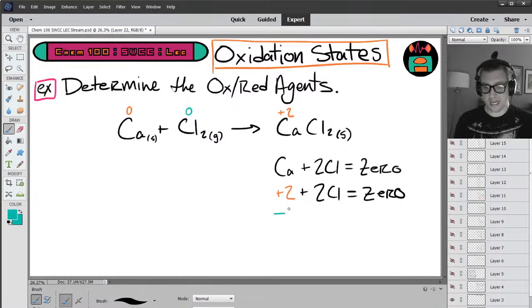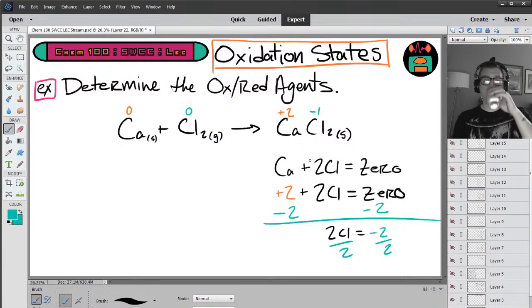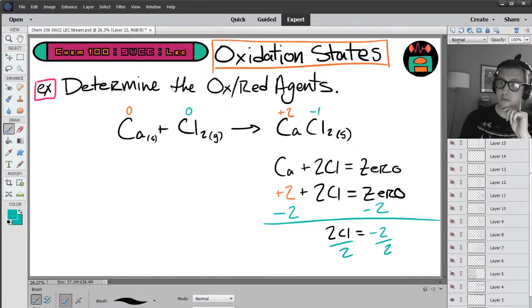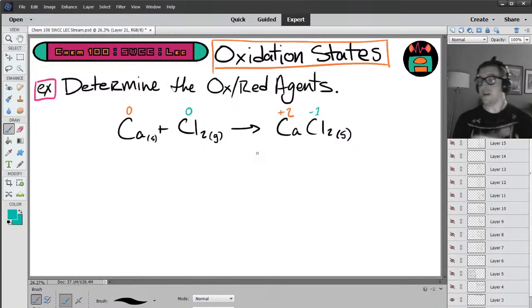Next we need to subtract 2 from both sides of this equation, which gives us 2 times the oxidation state of chlorine is equal to negative 2. And then we can solve for chlorine by dividing both sides by 2. And this is negative 1. All right. So now that we have the oxidation state for chlorine, let me just rewrite that there.